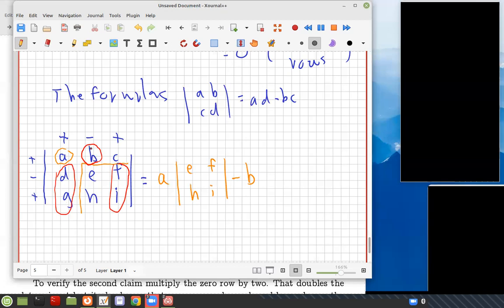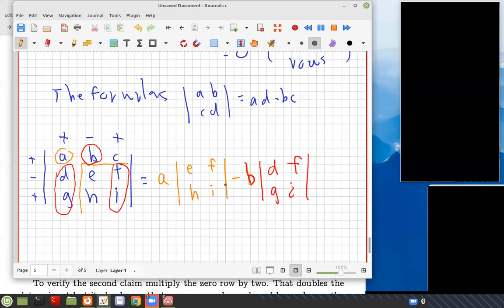With B, I leave off the first row and the middle column, because it'll be B times the determinant of D, F, G, I. See?